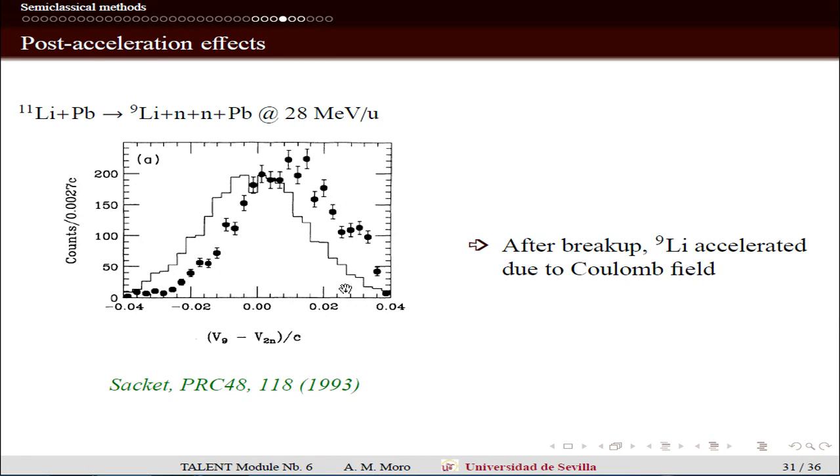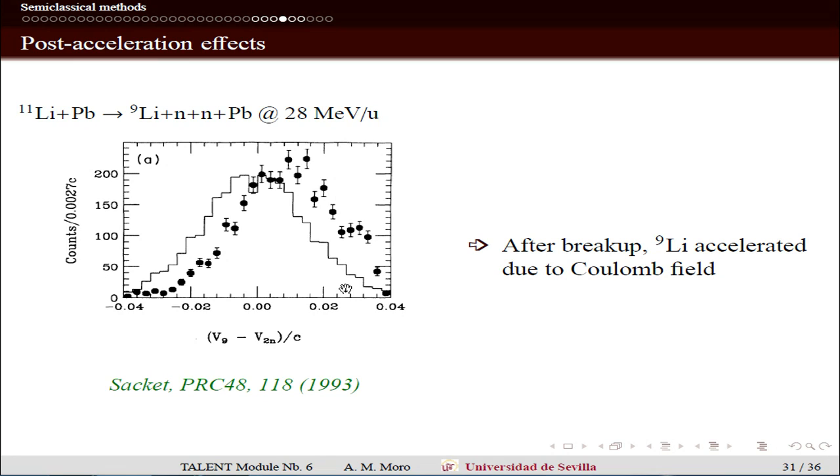And the solid line is the prediction of this first order calculation. The first order calculation gives a distribution that is centered at 0. So essentially the lithium-9 and the two neutrons are incident with essentially the same velocity of the projectile. It breaks, and then they escape with also the same velocity.